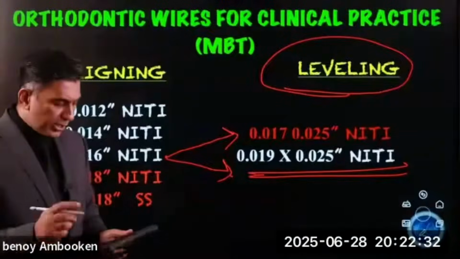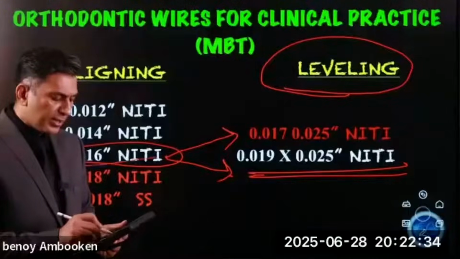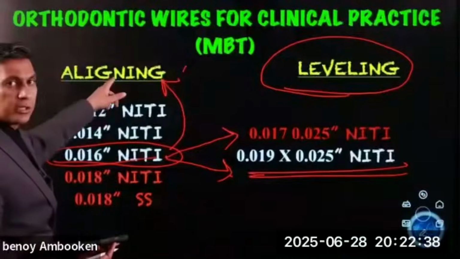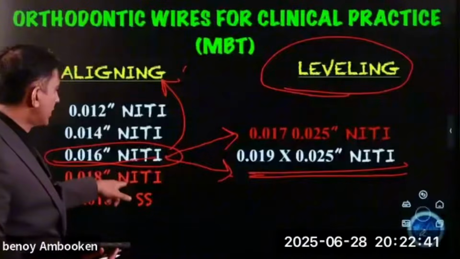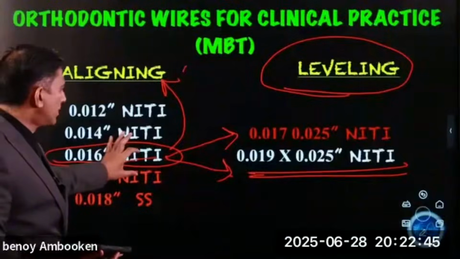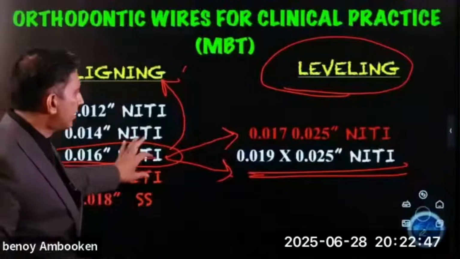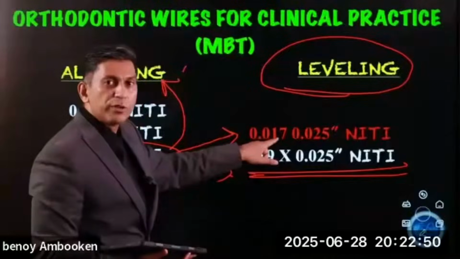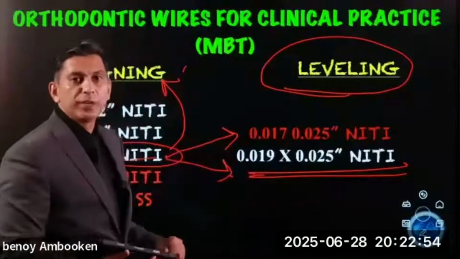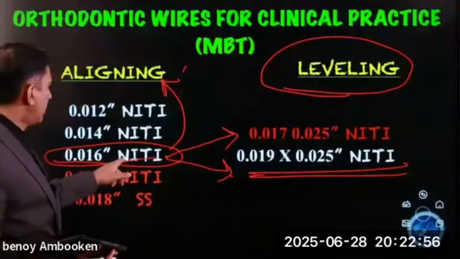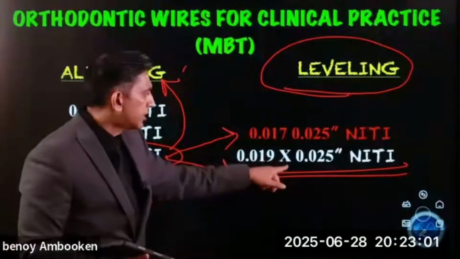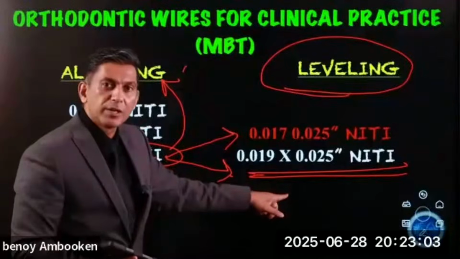You have to minimum reach up to .016 nickel titanium wire in the aligning stage, or much better if you can reach up to .018 nickel titanium wire. After this .016 or .018 nickel titanium wire, you have to place .017x.025 nickel titanium wire, followed by .019x.025 nitride. So remember, minimum of .016 nickel titanium in the aligning stage and minimum reach up to .019x.025 nickel titanium wire in the leveling stage.